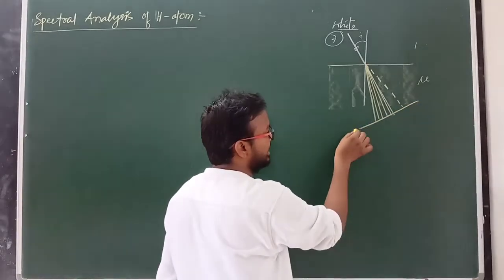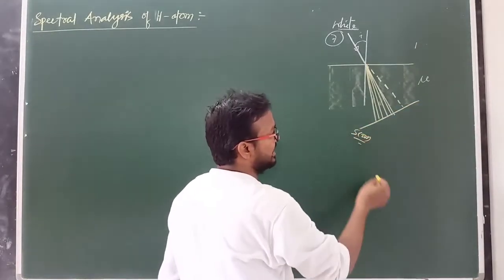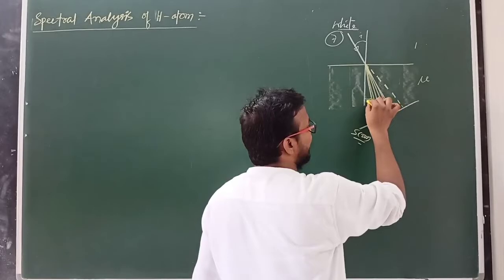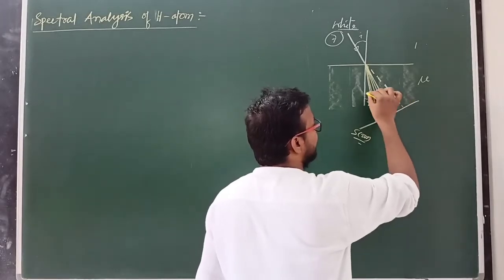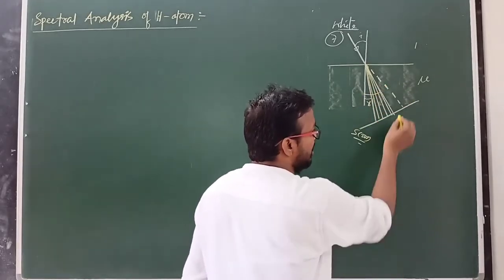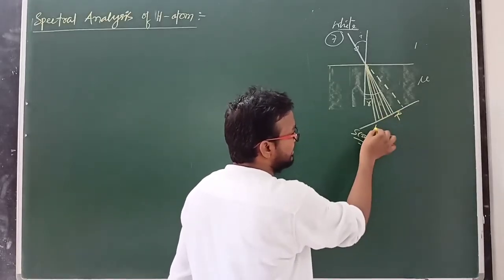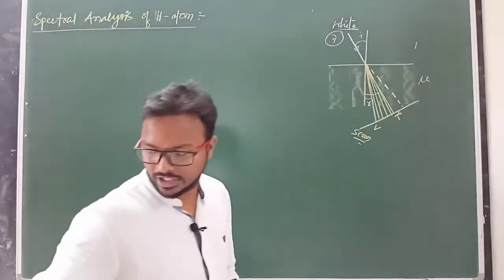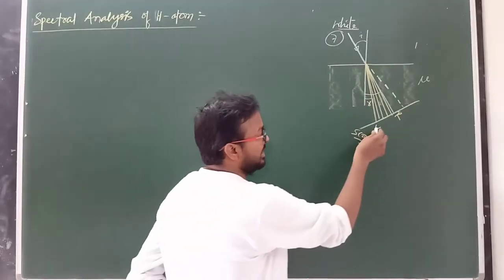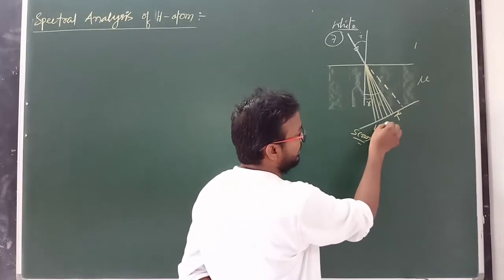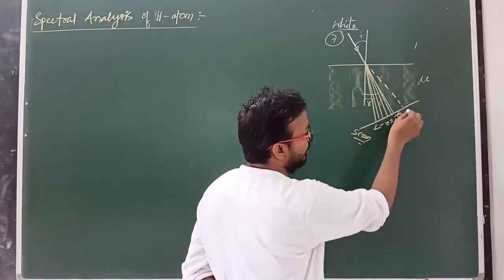If you draw a screen here, then this angle is the angle of refraction r, and this angle is also an angle of refraction, but this ray is red and this is violet. So we get all the wavelengths V I B G Y O R.